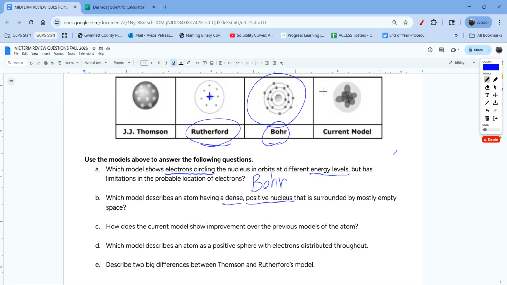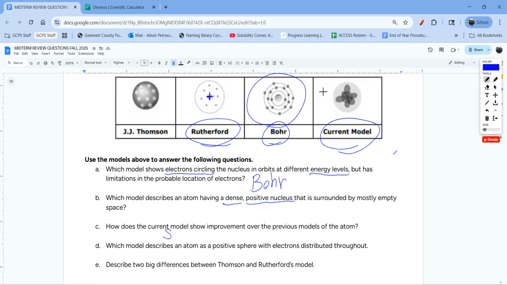Okay, C says, how does the current model show improvement over the previous models of the atom? So the current model is what we currently have. It shows these little bubbles, like these little balloon things.